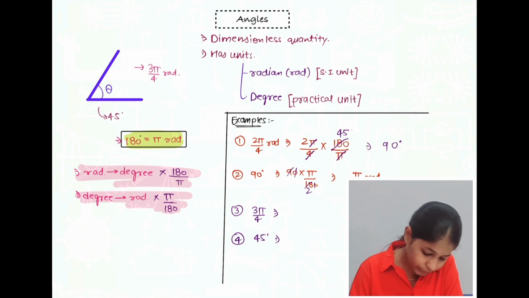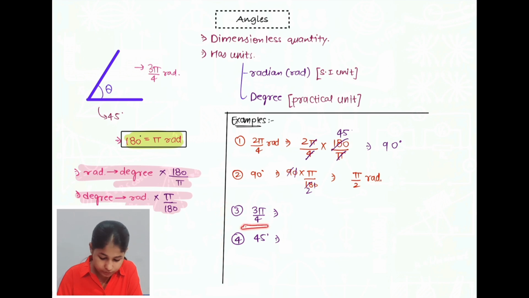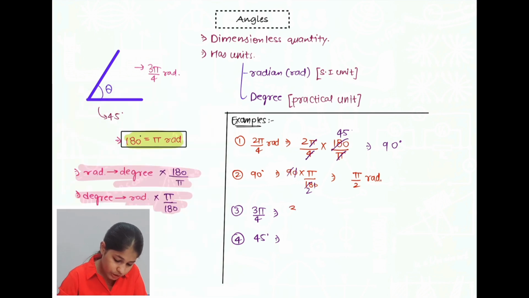Our first question was in the angle topic, in which you have to convert 3 pi upon 4 into degrees and 45 degrees into radians. By using the formula you can easily solve this question. Our answer will be something like this: 3 pi by 4, and as you know, for converting from radian to degree we need to multiply it with 180 upon pi.